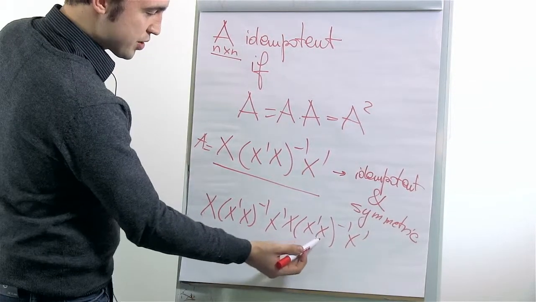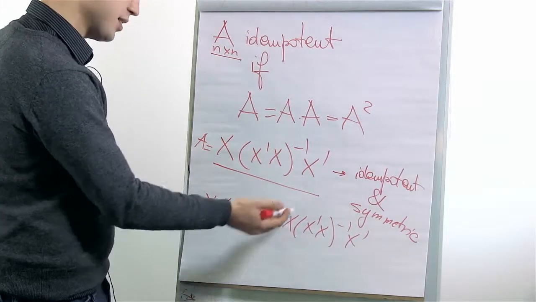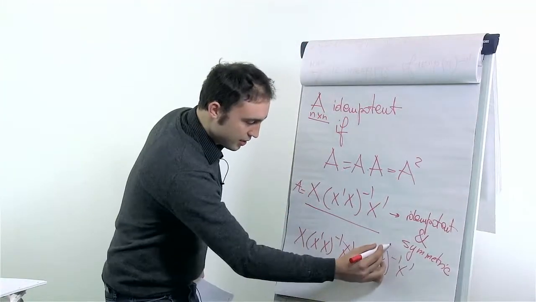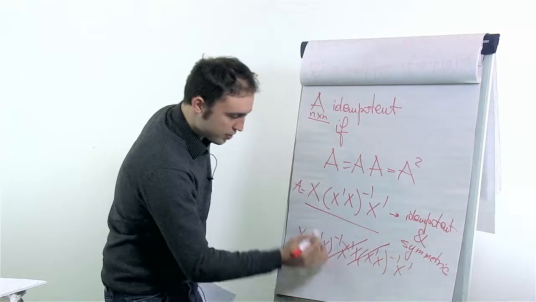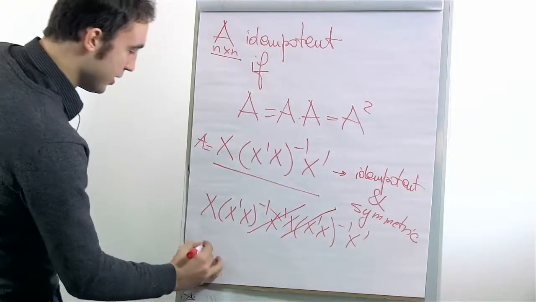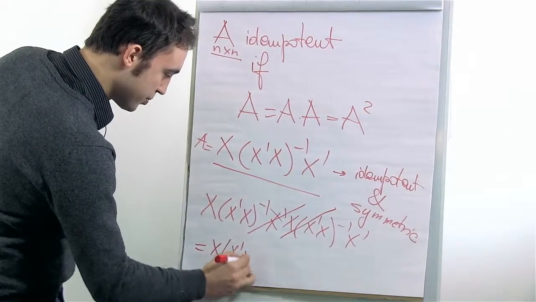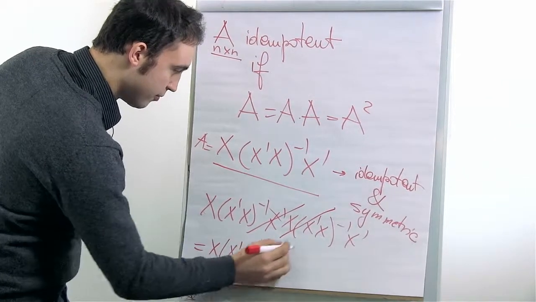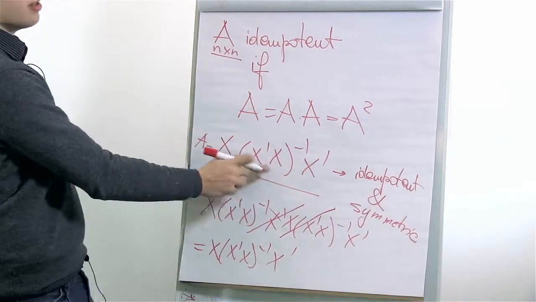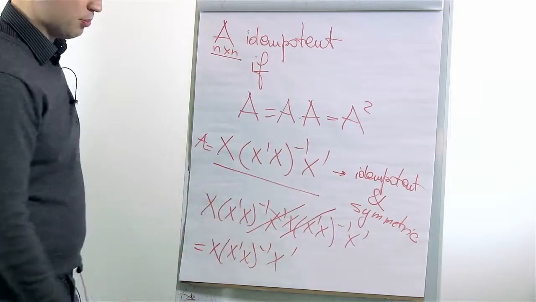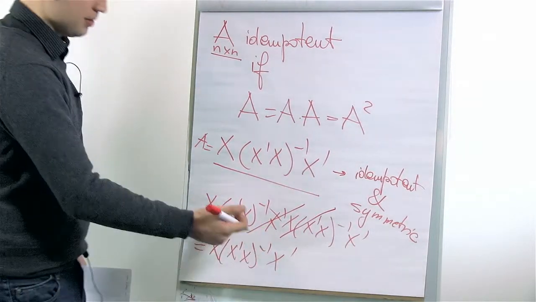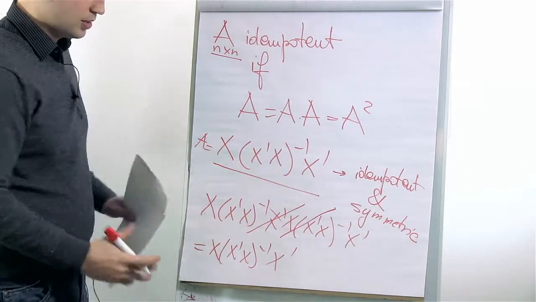And if X transpose X is invertible, and then the rank of X is K in the linear regression model, then these terms we can cancel out, and we get X transpose X inverse X transpose, that is A.